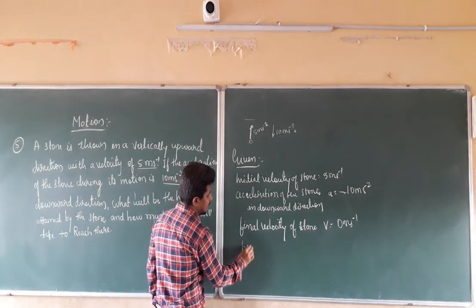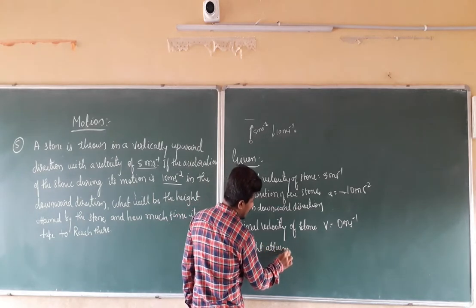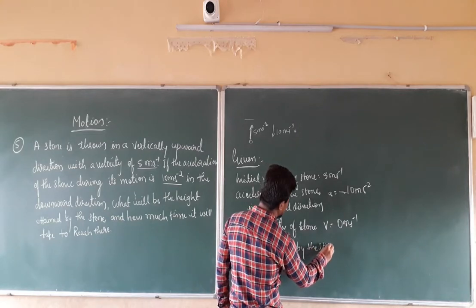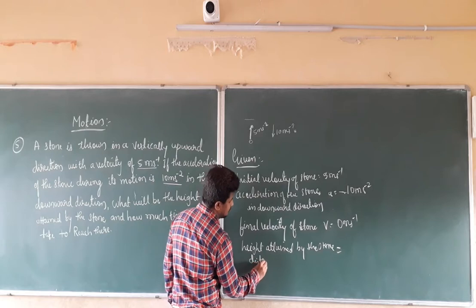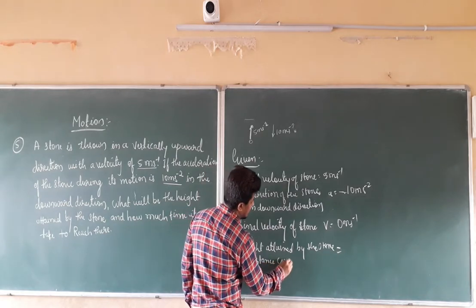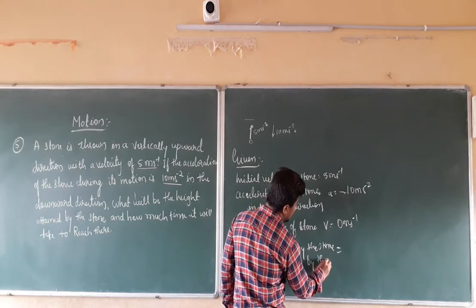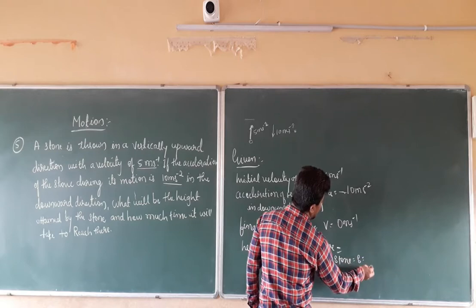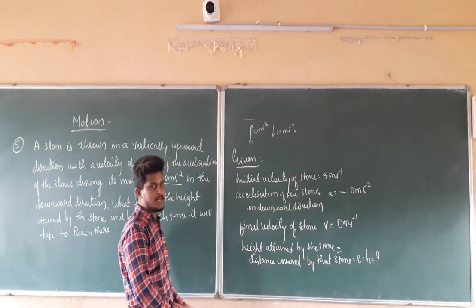Then we have to calculate the height attained by the stone, which is equal to the distance covered by that stone, that is S, or H equal to question mark.